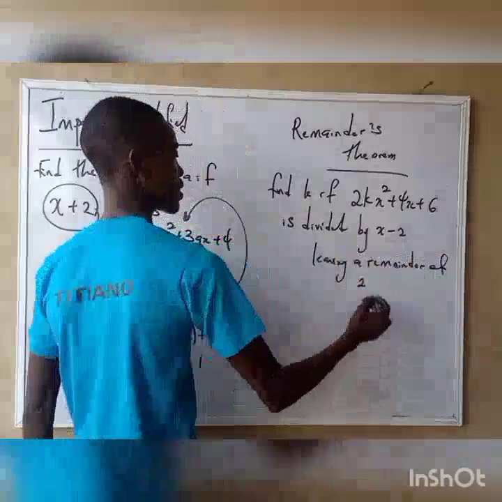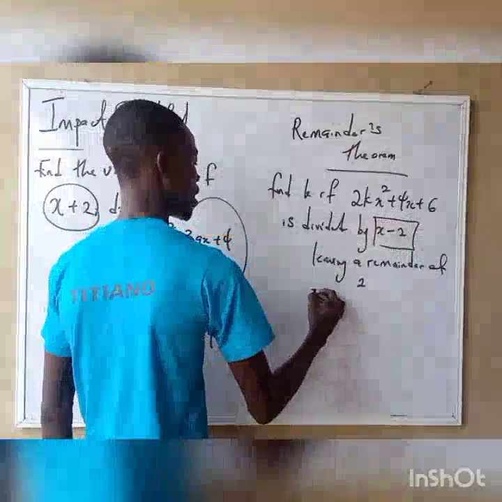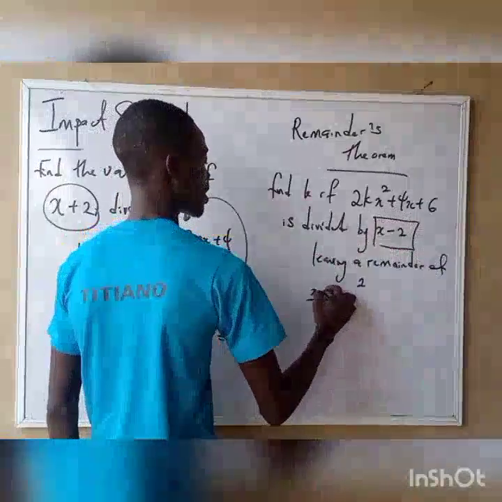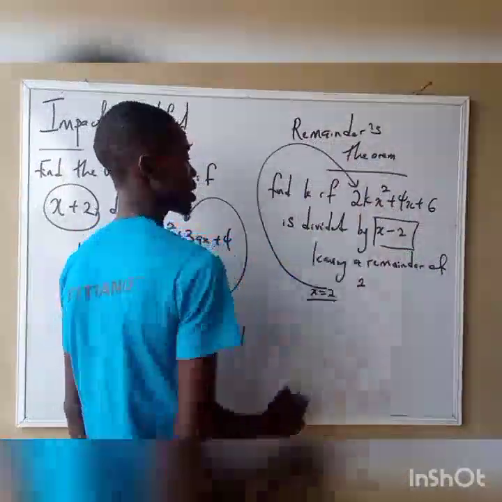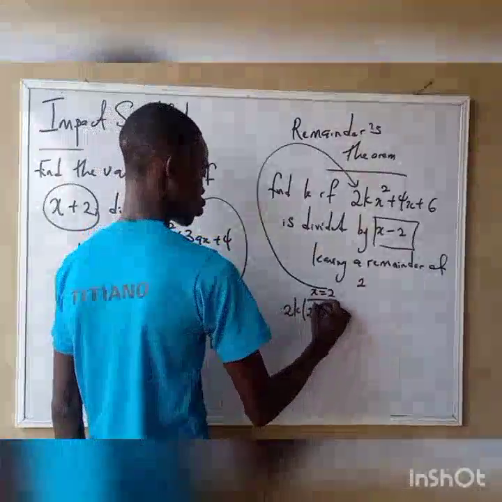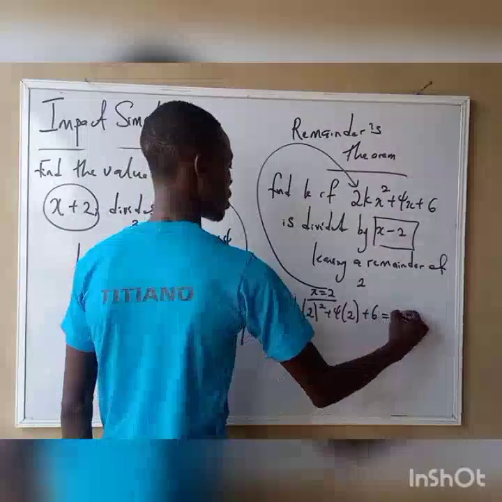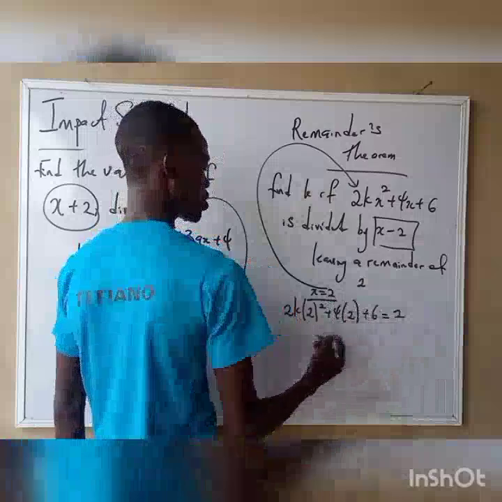How can we solve it? The same process. You equate this linear expression to 0 and your x will give us 2. After that, you substitute the value of x inside the bigger equation and that will give us 2k into 2 squared plus 4 into 2 plus 6. And it will be equal to 2, which is the remainder.